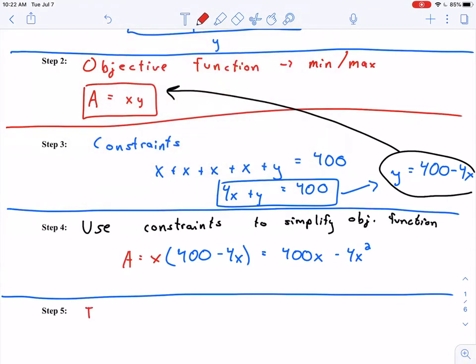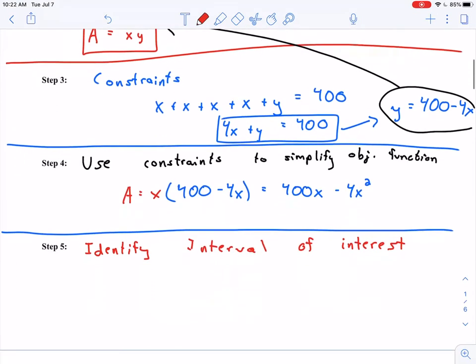I want to identify the interval of interest. So our objective function that we're trying to optimize right now is A equals 400x minus 4x squared.